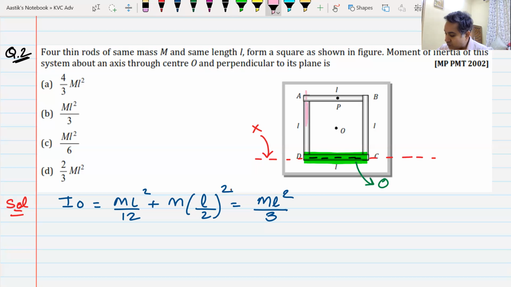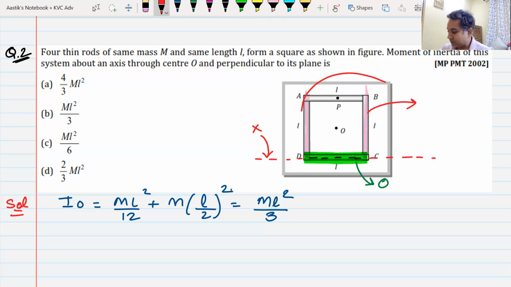Then we have these two pink rods, rod number AD and rod number BC. As you can see, the moment of inertia for both these rods would be same. Yes or no? Yes, sir. So what is the total moment of inertia of both the rods together?